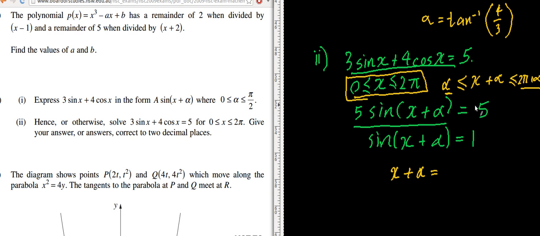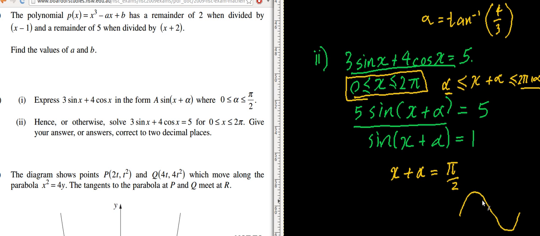I'm going to pretend that alpha is less than 90 degrees. Actually, in the question it says alpha is less than 90 degrees. So in this case, x plus alpha is going to be equal to pi on 2, and then the next time that it's equal to 1, if you remember your sine graph, it looks like this.